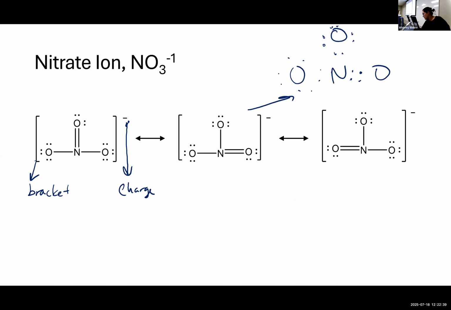Let me get a different color. Nitrogen, oxygen, oxygen, oxygen. So, sorry, because that double bond could be on any of those oxygens, what happens is it delocalizes and creates a hybrid compound where the double bond is kind of between two of those oxygens.